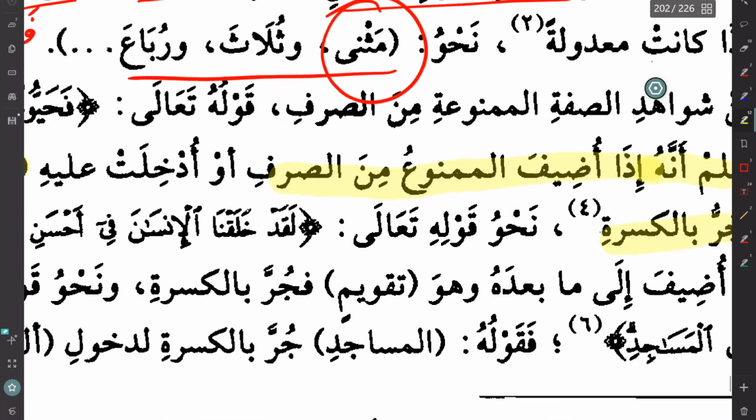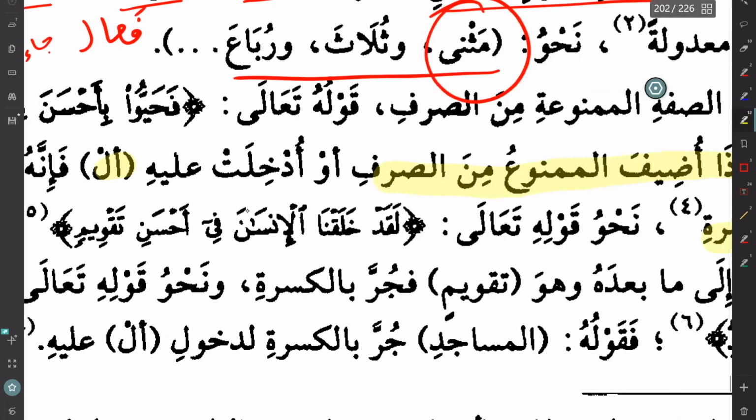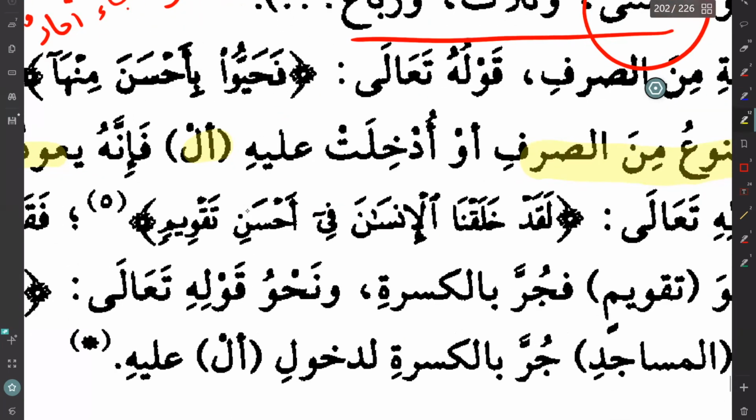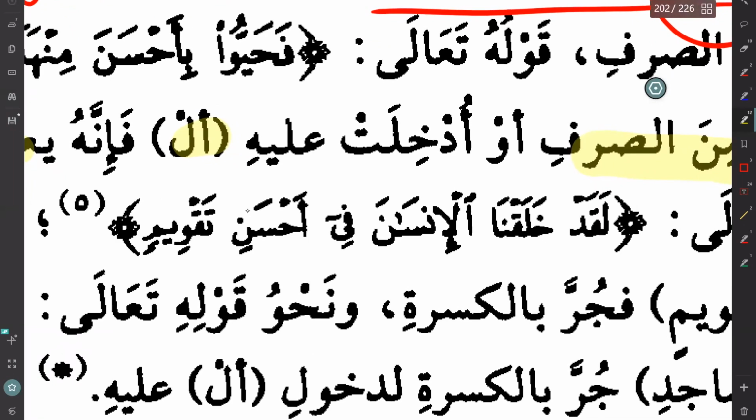For example, the saying of Allah: لقد خلقنا الإنسان في أحسن تقويم. So before I even say anything, tell me which word in here was or is mamnu min as-sarf. Which word? Right now, you have to pick up mamnu min as-sarf as well.